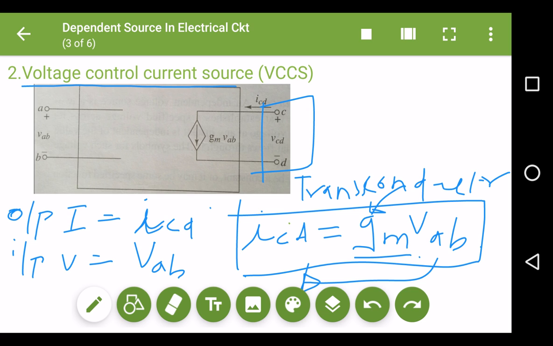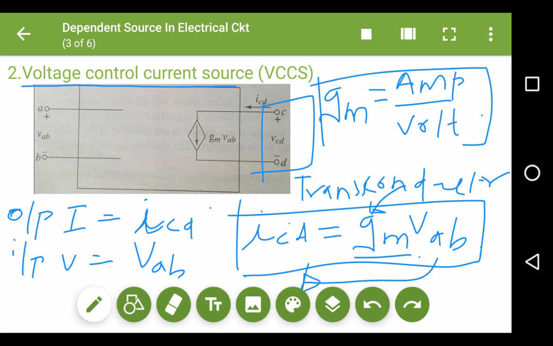So the transconductor, that is GM, has a unit of amperes per volt. Please remember this, because it's a very important thing in electric networks. The transconductor is just a ratio of current upon voltage.